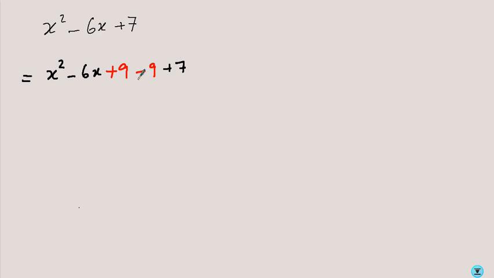Now, we actually added a 0 to this expression, so we did not change it. But if we split the expression here, what we have on this side is a perfect square. And this perfect square can be written as (x minus 3) all squared, and minus 9 plus 7 gives you a minus 2.